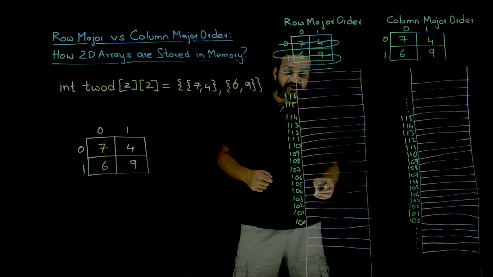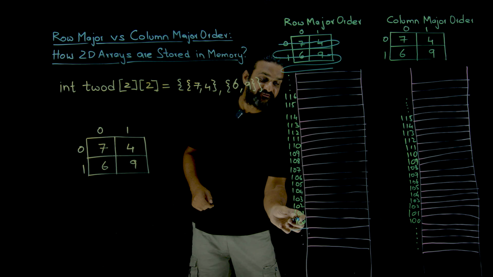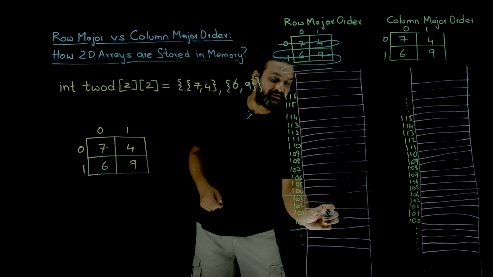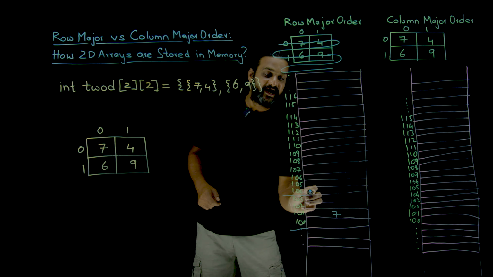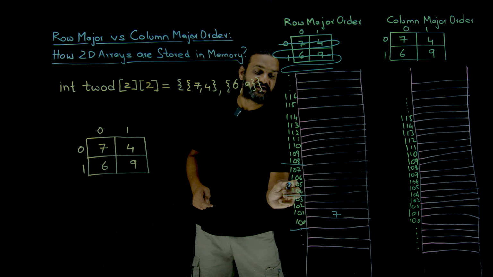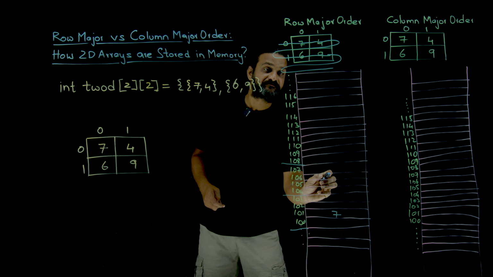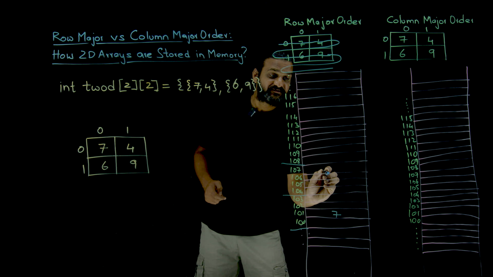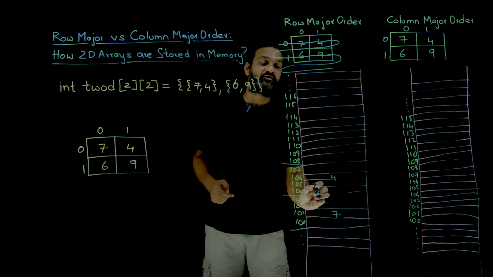Now can you guess? Starting from 100, the first 4 bytes of space will be allocated for 7, and the second 4 bytes of space, meaning 104 to 107, will be allocated for 4.